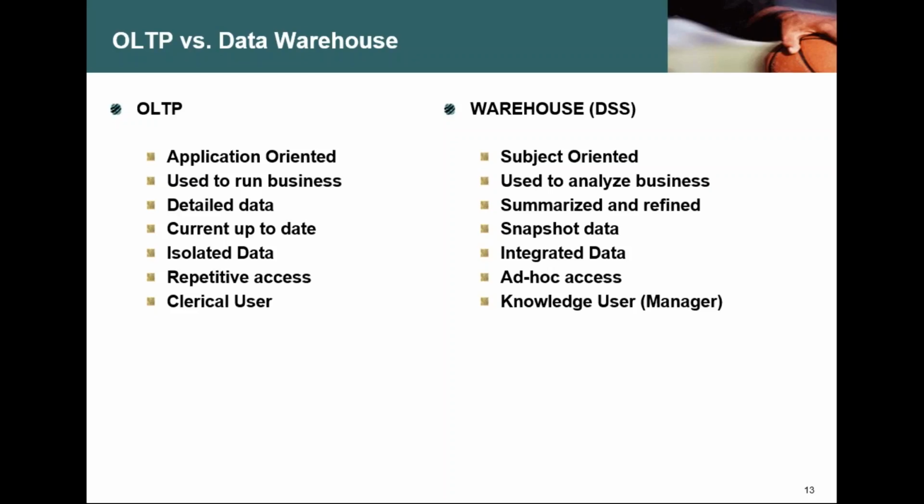But in the OLTP it's up to date: whatever transaction is happening just goes straight into your OLTP. The data warehouse is based on time. So you want to store the data into a data warehouse in a weekly pattern, or monthly, or daily, or hourly, or minute pattern. It all depends. Is it clear?